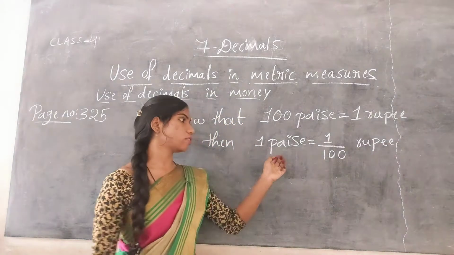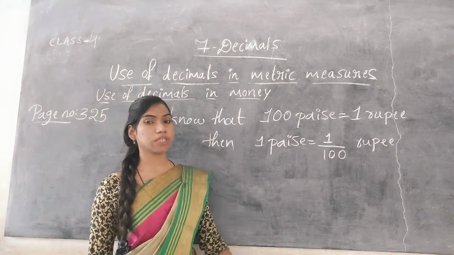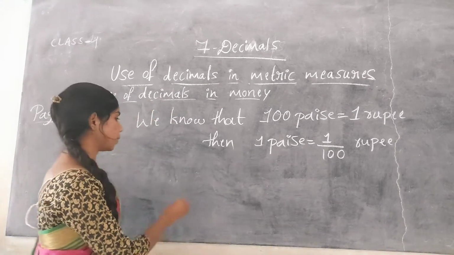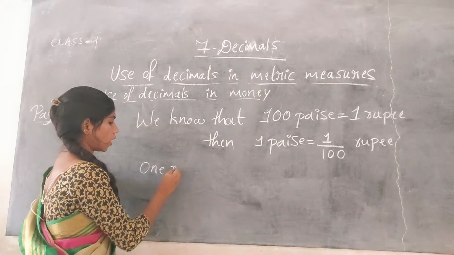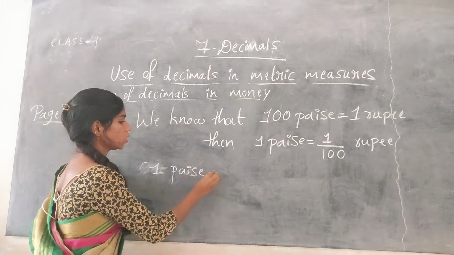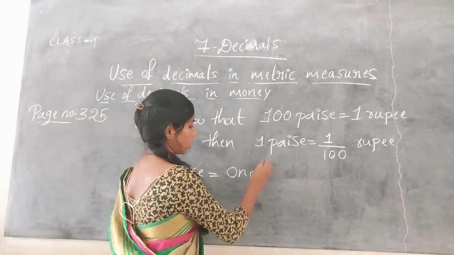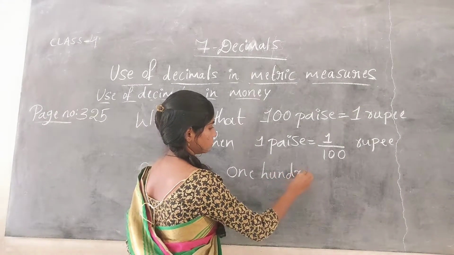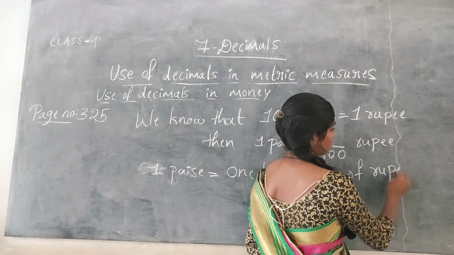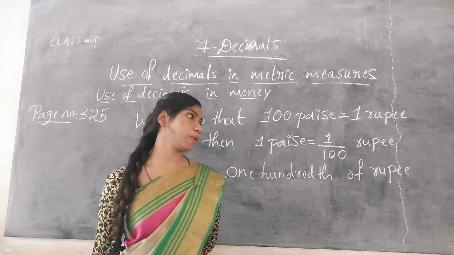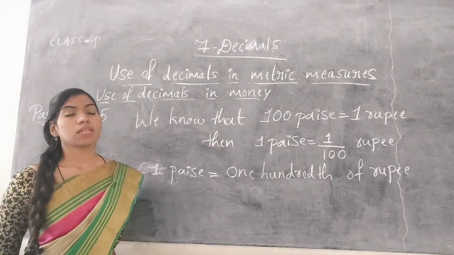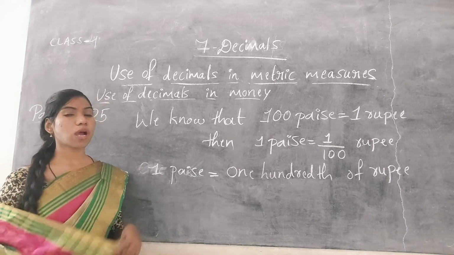So 1 paise is equal to 1/100th of a rupee. Then 2 paise is equal to 2/100th of a rupee.